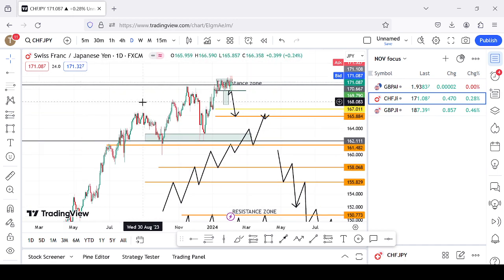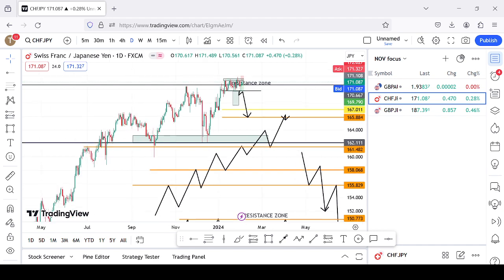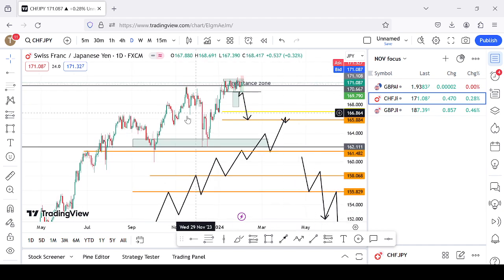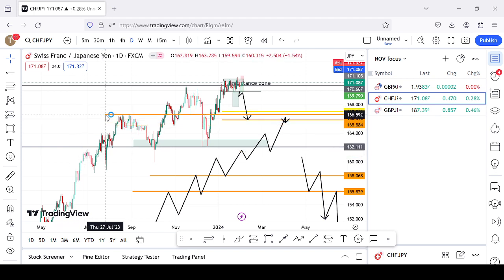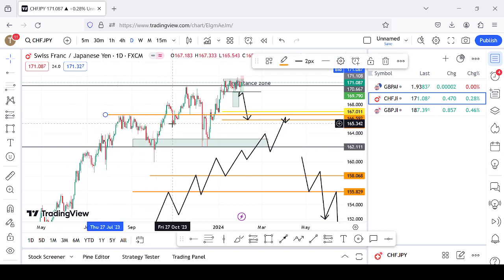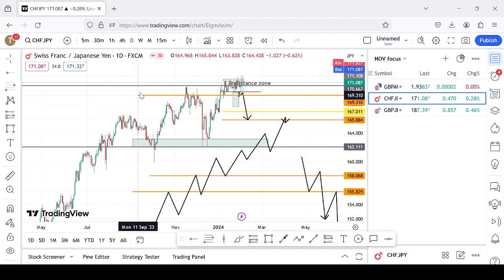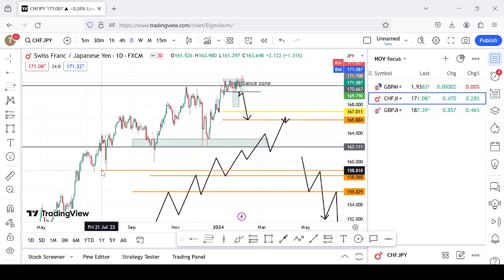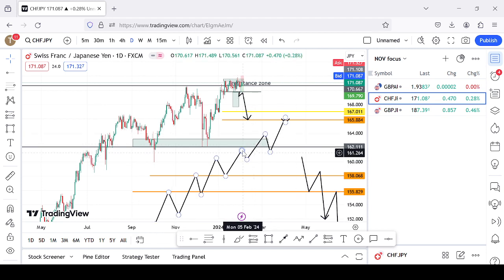It's not as smooth an uptrend as it was before, though it's still an uptrend. As you can see, it broke this high, it broke another high here, it broke the highest high there. But now it is telling me this one might have a very nice retest.